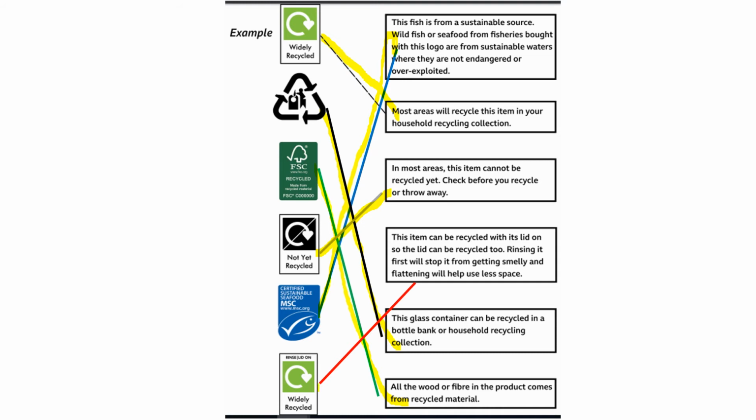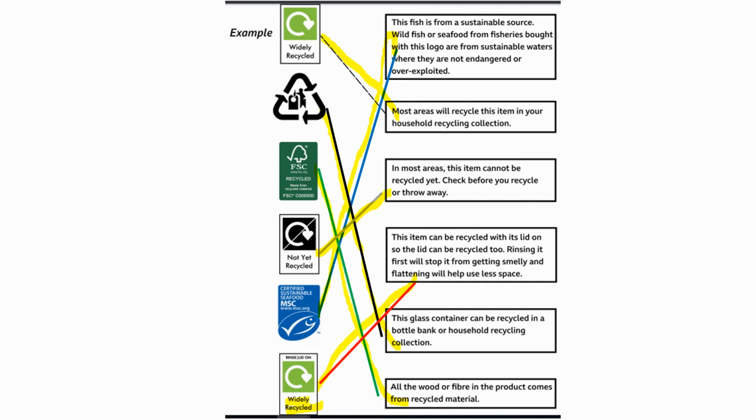And then the last one here, it says widely recycled, you can see it, and it says this item can be recycled with its lid on, so the lid can be recycled too. Rinsing it first will stop it from getting smelly, and flattening will help to use less space. Okay?